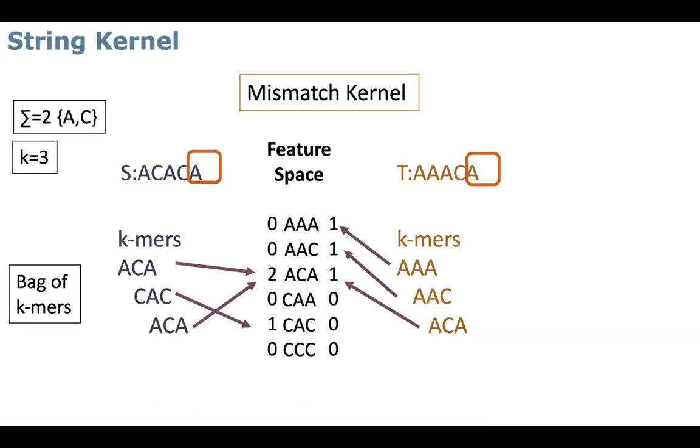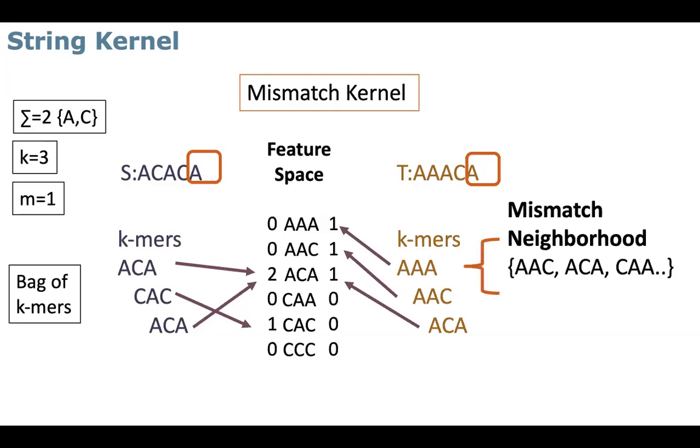Then people didn't like this because in protein and biological sequences, we want mismatches to be allowed, like insertion and deletion. So people revised the spectrum kernel into something called the mismatch kernel. When I'm computing the co-occurrence of k-mers, for example, in this case, in the sequence T, its first k-mer is AAA.